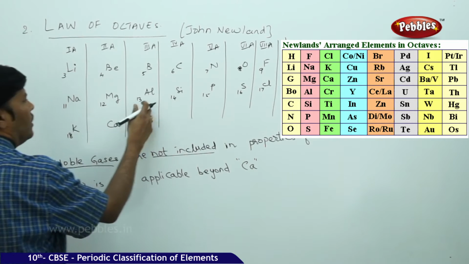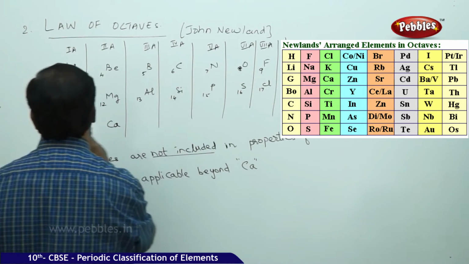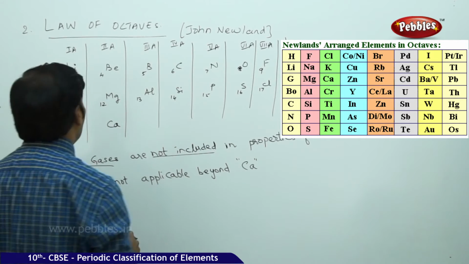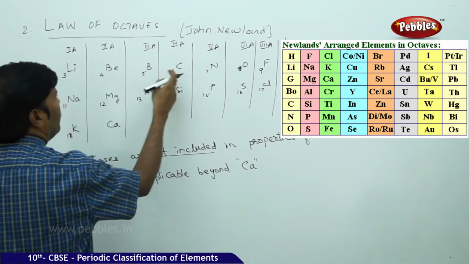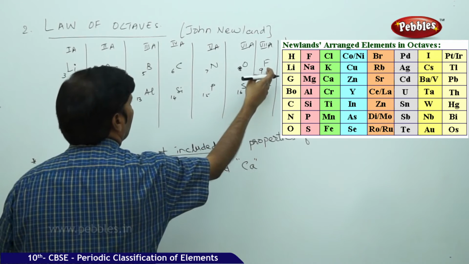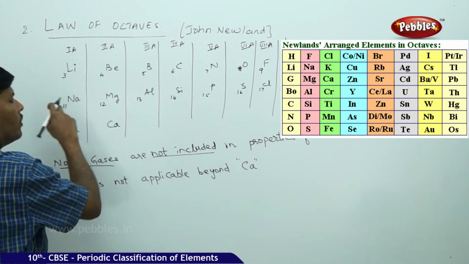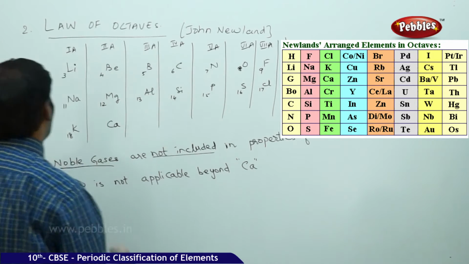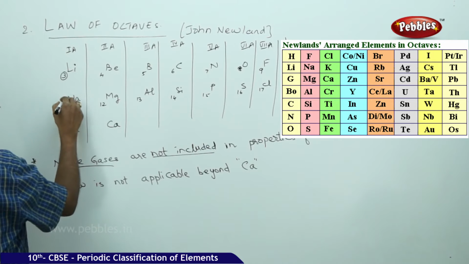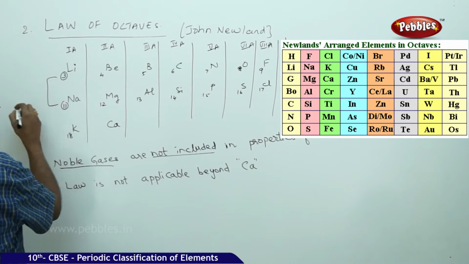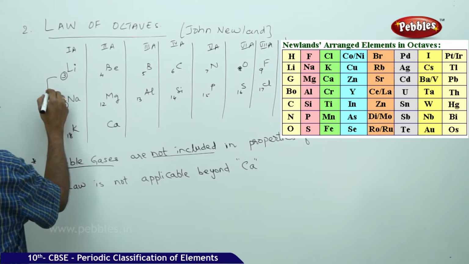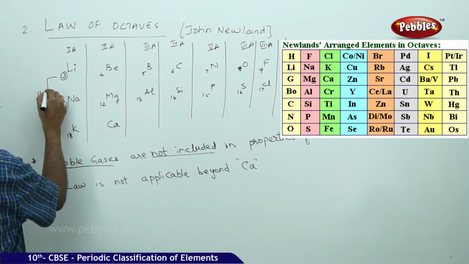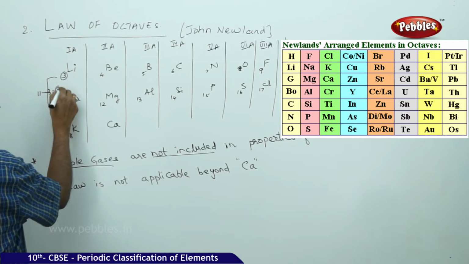So 1, 2, 3, 4, 5, 6, 7, the 8th element is sodium here. So lithium and sodium, if you take the atomic number difference, 11 minus 3 is equal to 8.